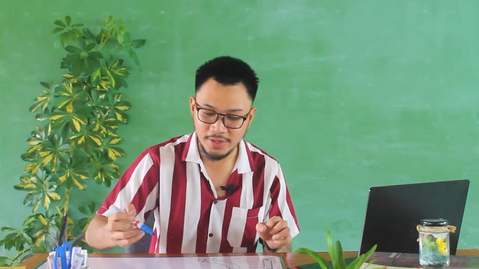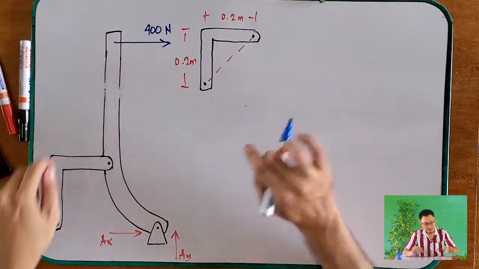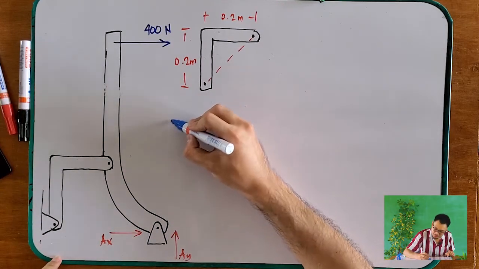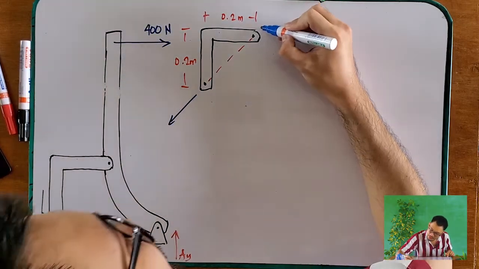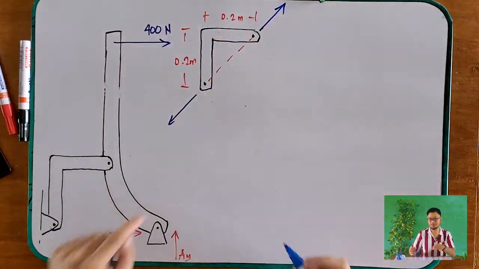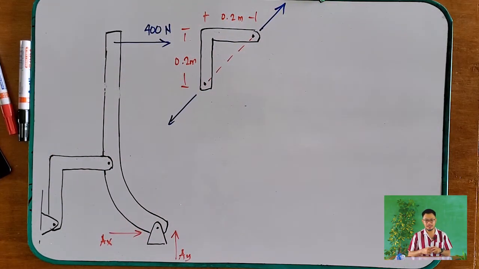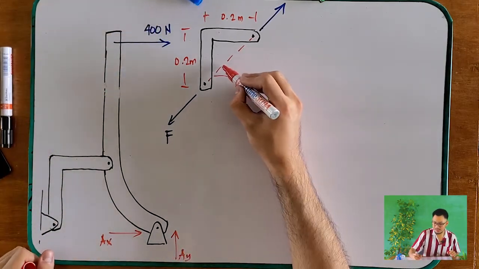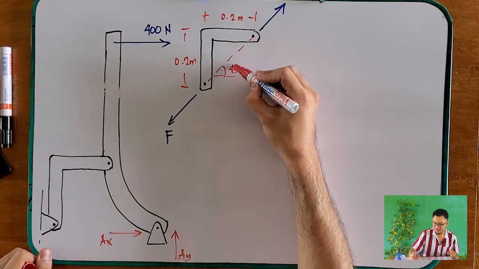Okay? And since the link is pulled, our force is pulling the member. And let's call this one F. But we knew that this one has an angle of 45 degrees.